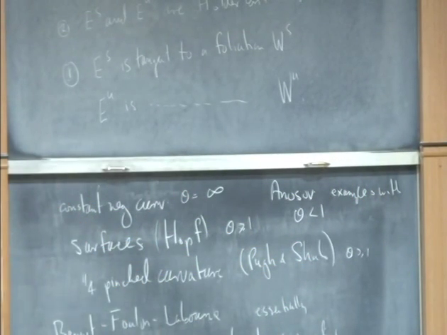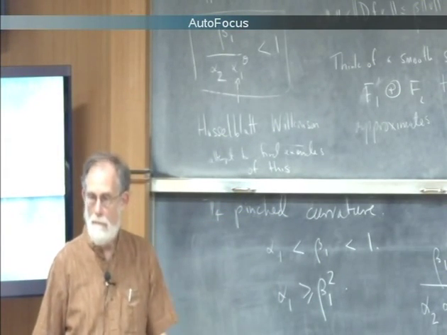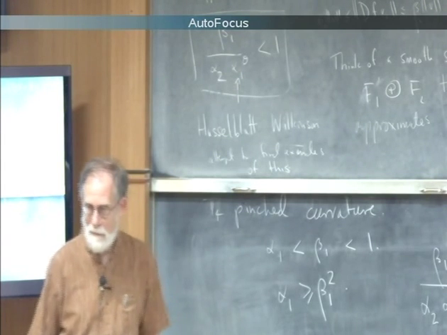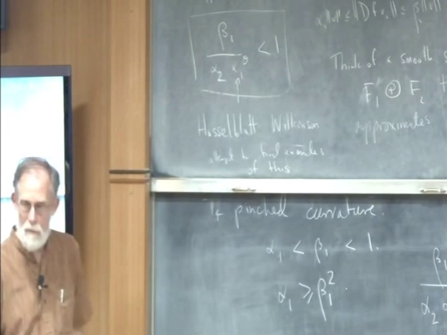So he did show that the Hopf approach, well, maybe it's unfair to call it the Hopf approach, but he did show that the strategy of trying to prove that the foliations are C1 fails, and so you have to use the more advanced technology.